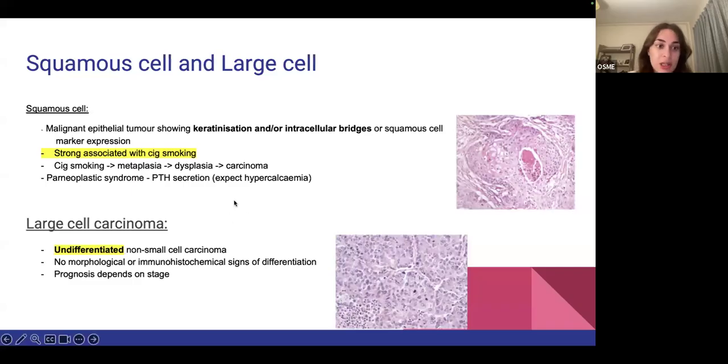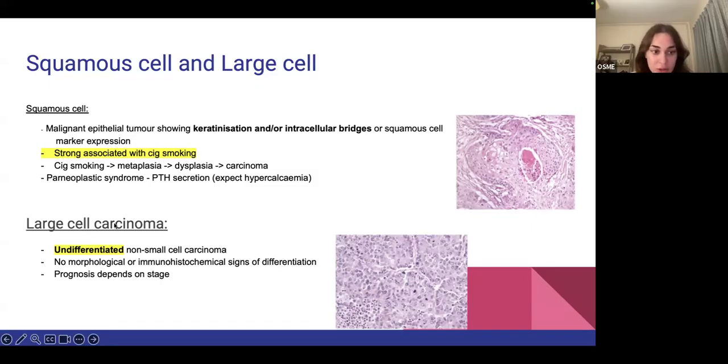It's strongly associated with cigarette smoking, and the pathophysiology is that it drives metaplasia and then dysplasia to the carcinoma. Occasionally, it could be a paraneoplastic syndrome, and if they have hypercalcemia, so they've got the bones, stones, groans thing going on alongside cancer symptoms, it might be a PTH-secreting paraneoplastic syndrome.